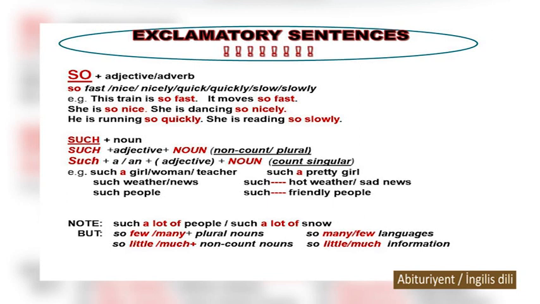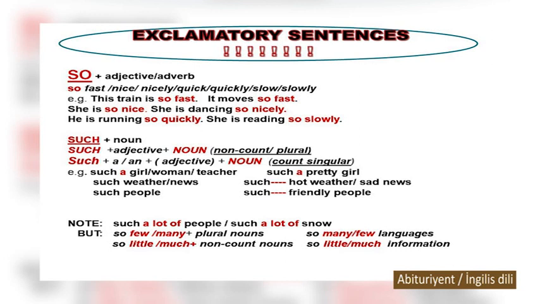Such a girl, and with an adjective, such a nice girl, such a beautiful girl, or such beautiful men, such friendly people. Remember, such a girl, such a woman, such a teacher, and such weather, such news, such people.